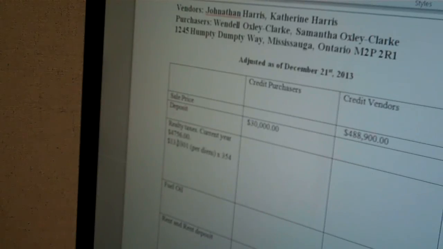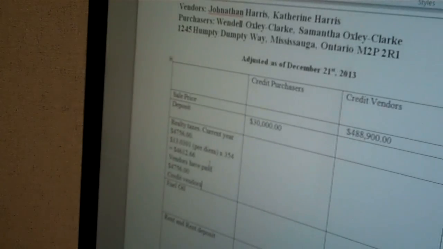It's the 354th day of the year. If you have a desk calendar that tells you that, or if you use the internet, you can find out what day that is. So we multiply 13.0301 times 354, and that gives us $4,612.66. So I put in the number here, 4612.66.